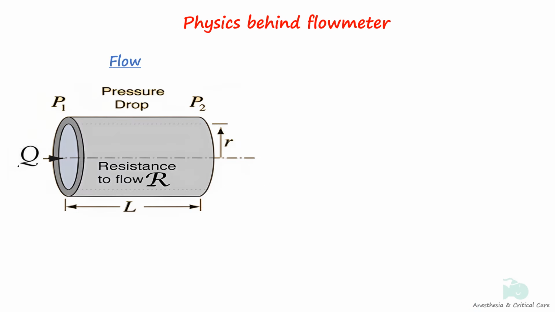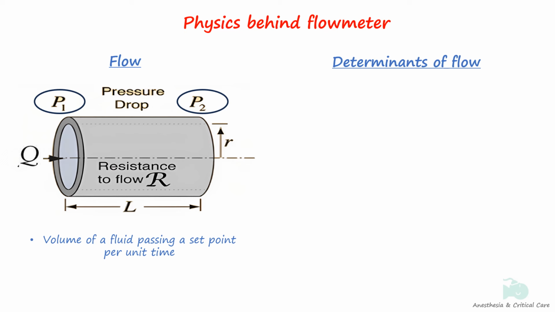Flow is a volume or amount of a fluid, gas or liquid passing a set point per unit time. It is usually measured in liters per minute. Pressure difference is the driving force that makes fluid flow. As the fluid flows through the tube, there is a resistance between the fluid and the vessel wall that opposes the flow.